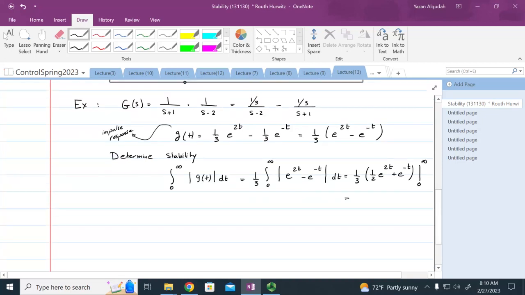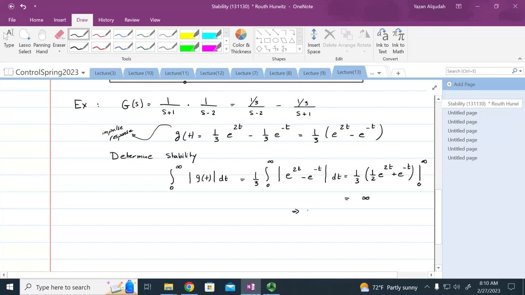If I take the integration, 1/2 multiplied by e to the 2t from 0 to infinity, what is this going to give me? It's going to give me infinity, isn't it? e to the 2t at infinity is going to give me infinity. So is this system stable or not stable? Not stable.